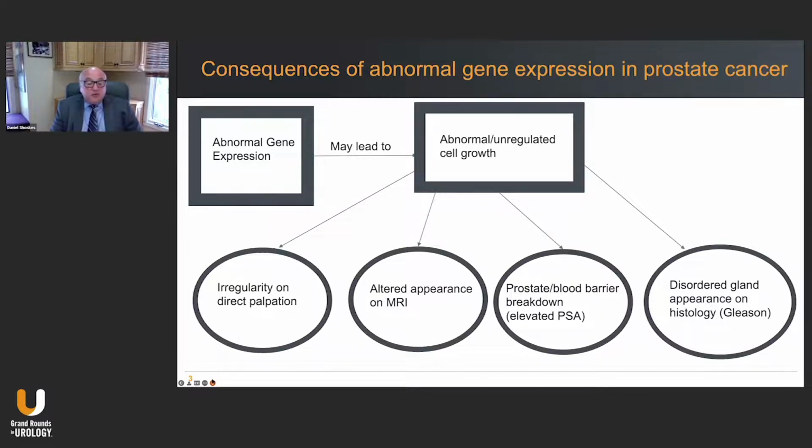This unregulated growth results in a clinical growth in the prostate, which can be palpated, altered appearance on MRI, a breakdown of the prostate blood barrier, leading to elevated blood levels of PSA, and in the biopsy, a disordered gland appearance on histology, which is the basis of the Gleason score. The question is, do these clinical features completely capture the prognosis of the patient, or does looking at the gene expression directly give further information?